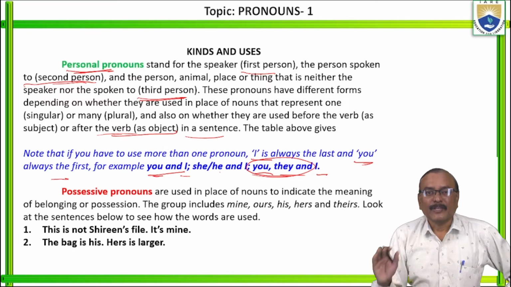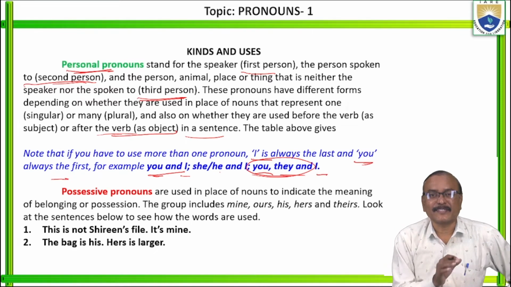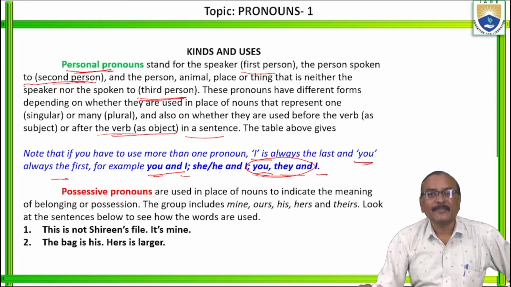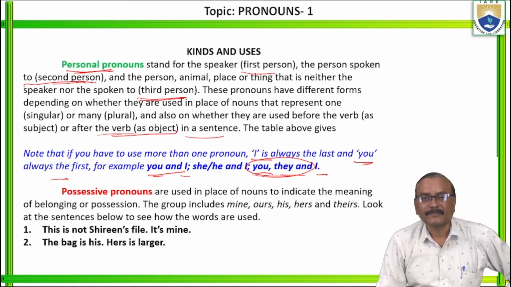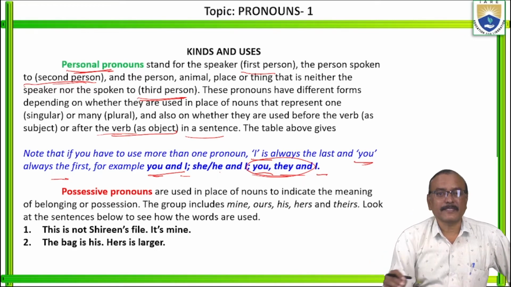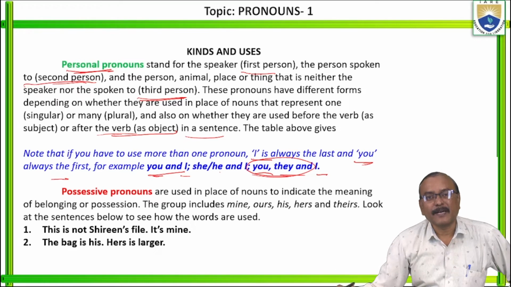Is it clear? If it is a negative sentence, the first person should come first. If it gives a negative impression: I, you and he failed in the exam. Don't say you and I failed in the exam. Only in the positive sentence should importance be given to the second person: you, he and I passed the exam.